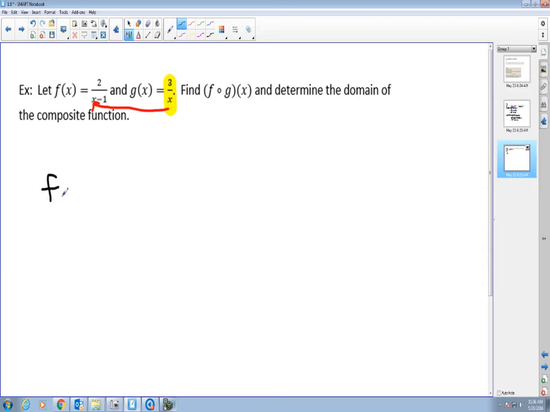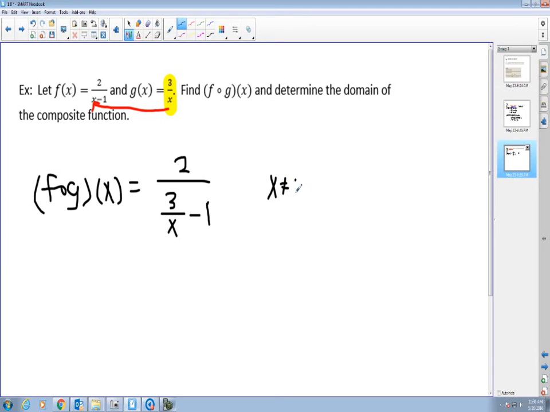So my f of g sub x will equal 2 over 3 over x, then minus 1. Alright, so just by looking at it, I know that this x in the denominator here cannot be 0, so we've got to exclude the 0 in our domain. So I know that from the very beginning when I first write it out. Now let's simplify this.